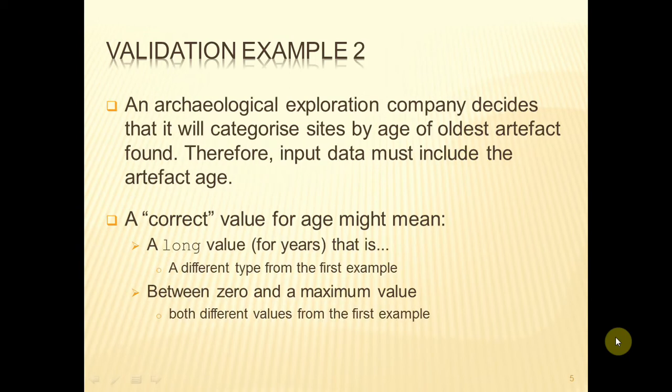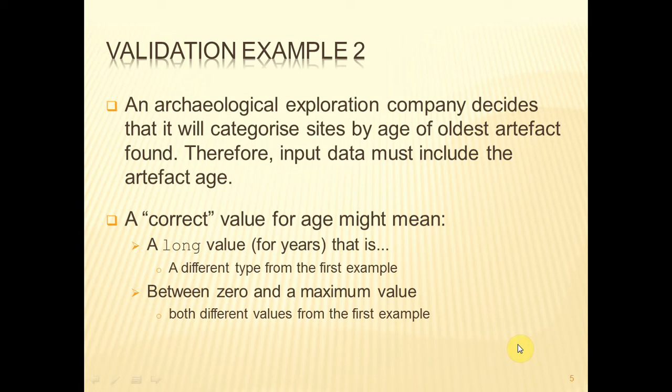Second example though, an archaeological exploration company decides that it will categorize sites by age of oldest artifact found. Therefore, input data is going to have to include artifact age. So this time we're inputting age, but it represents a completely different kind of age. For example, if we're going to record the number of years, and if we're doing some archaeological or maybe geological stuff, age is likely to be very large.